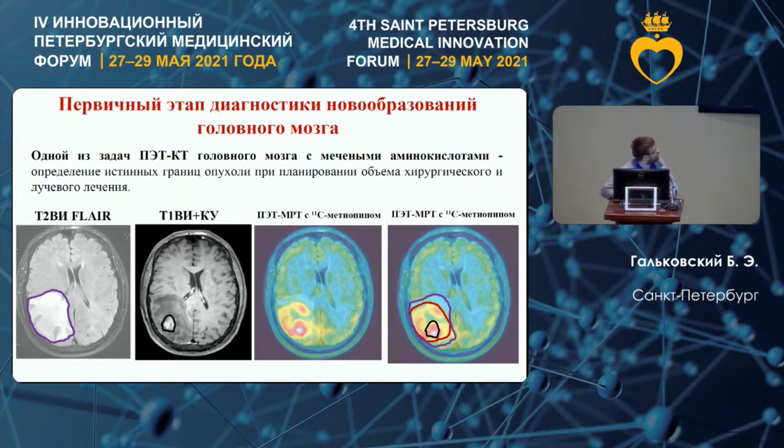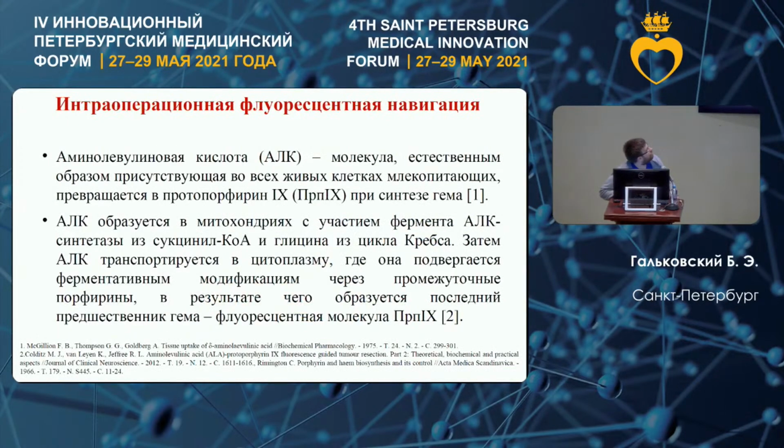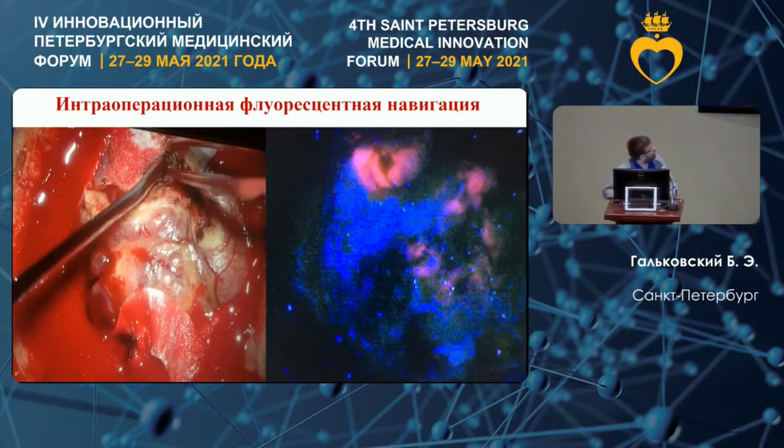Also, there are zones of glioblastoma that do not accumulate contrast agent. So, how do we determine them during the surgery? You can use aminolevulinic acid. It's a non-toxic acid that patients take orally before surgery. One of the metabolism products is protoporphyrin 9. This substance accumulates in glioblastoma cells.